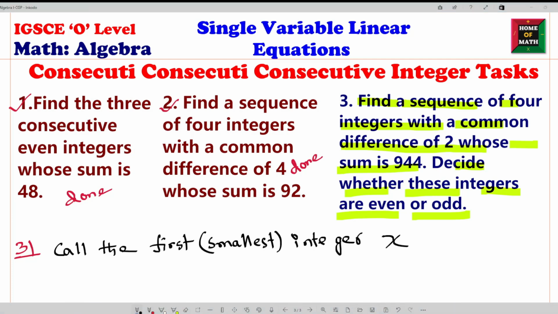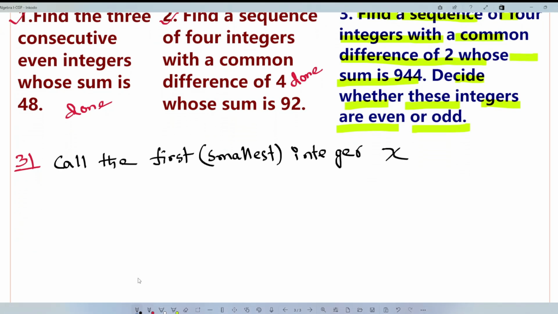Now we will write the other expressions. The second, the difference is 2, so x plus 2.